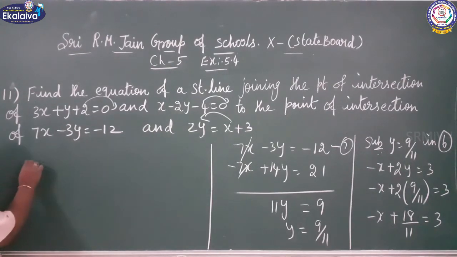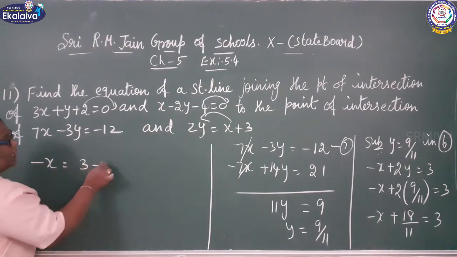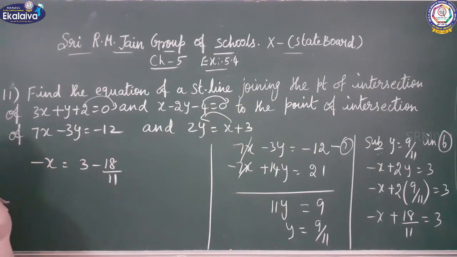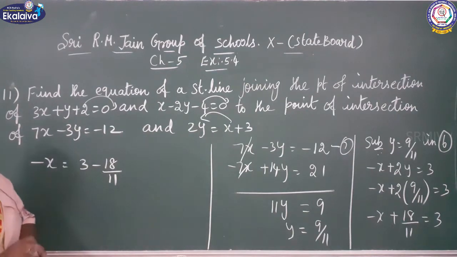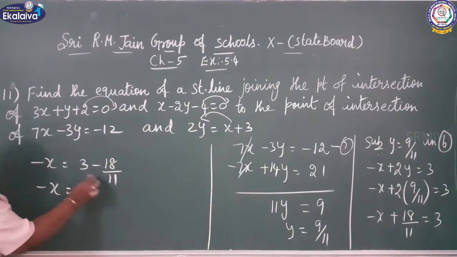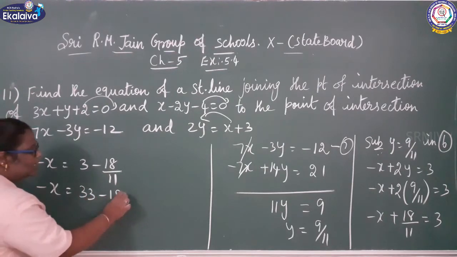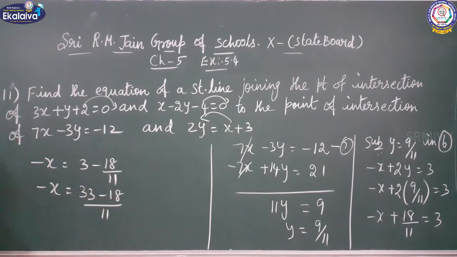So minus x equal to 3 minus 18 by 11. Minus x equal to, you can take the LCM as 11. 11 threes are 33, minus 18 by 11.